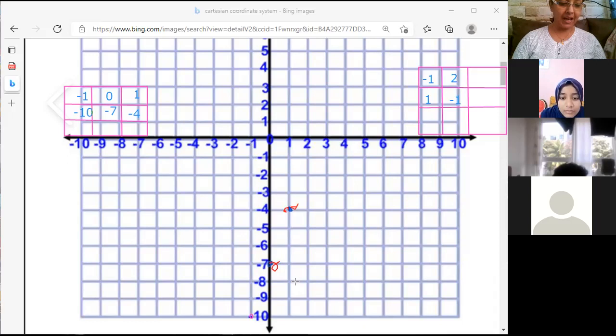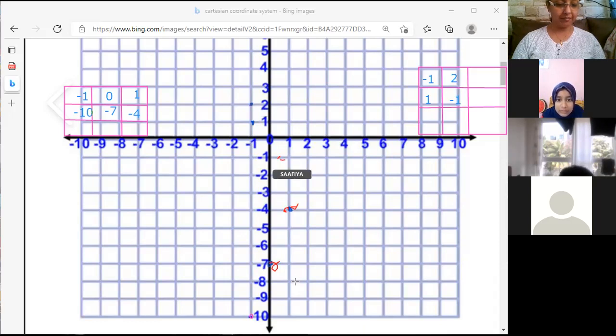Okay, and if we see the other points, -1 and 1, where is the point going to be? Here. Yes or no? Yes. And 2 and -1? Positive 2 and -1.